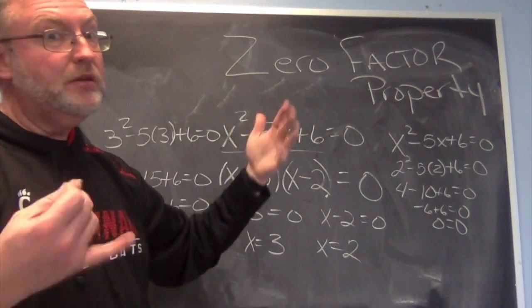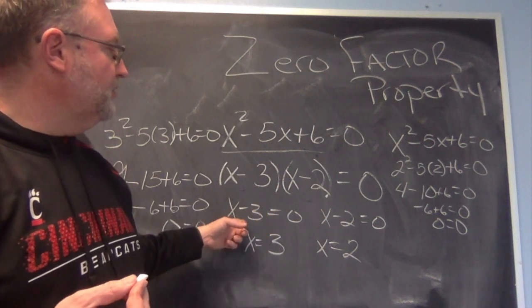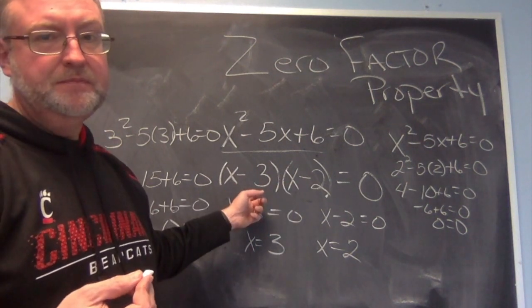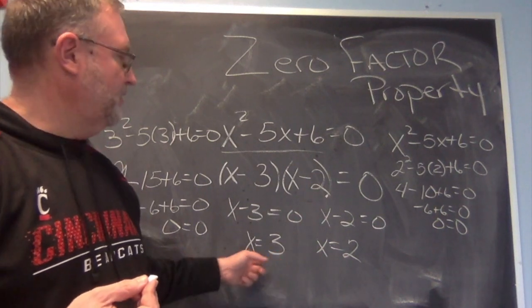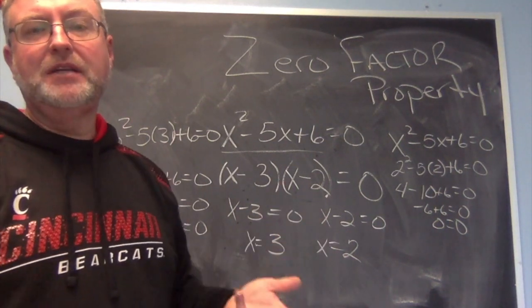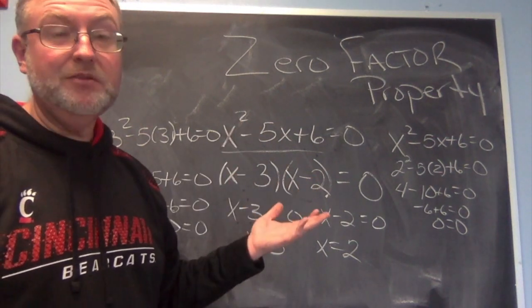Factor it down using all the methods we know how to factor, which you did Friday and Monday, and then you're going to end up with two binomials. Then you solve those by putting equals 0 on each of them, and you get your two answers. You can make sure you're right by plugging that number back into your original equation. That's really all there is to it.